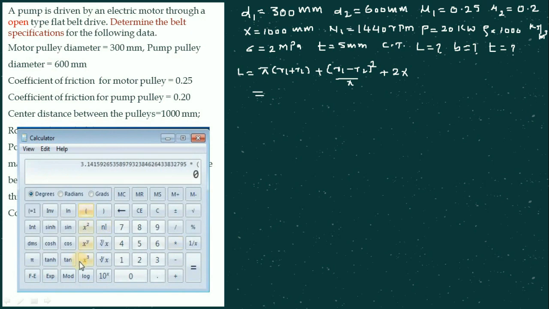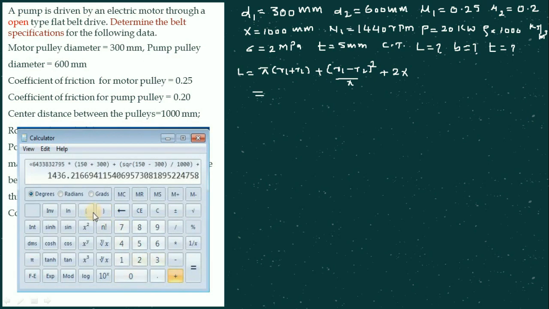So pi multiplied by the bracket, R1 is 150 plus R2 is 300, plus again the bracket, that is 150 minus 300 whole square divided by 1000.